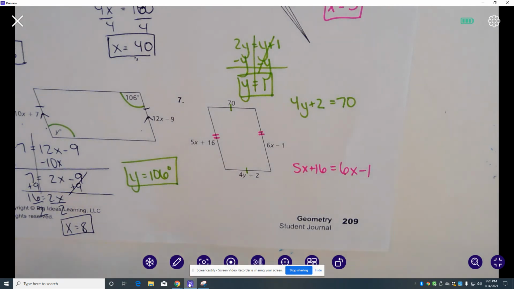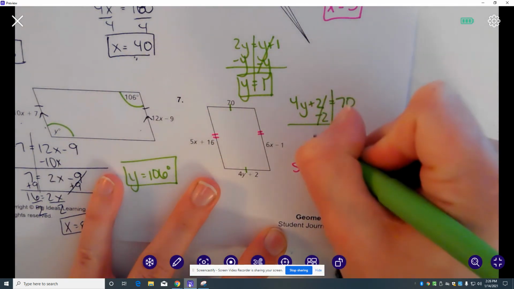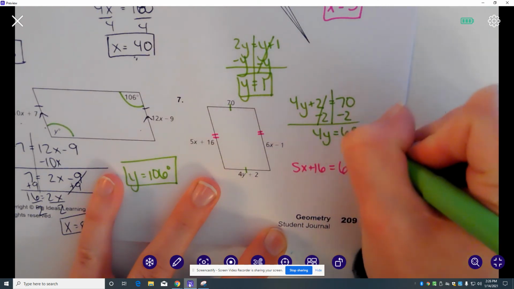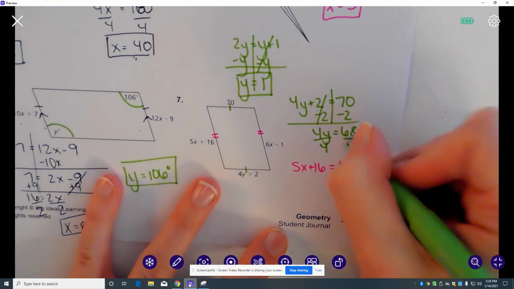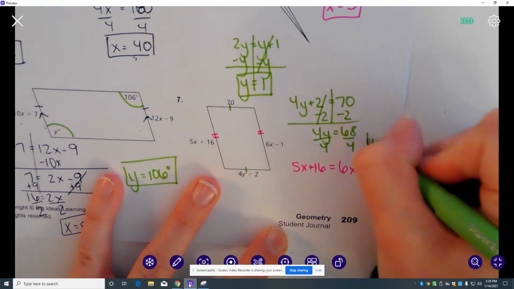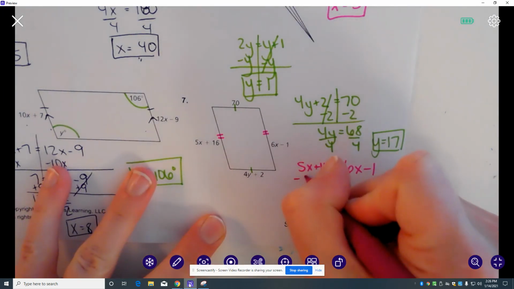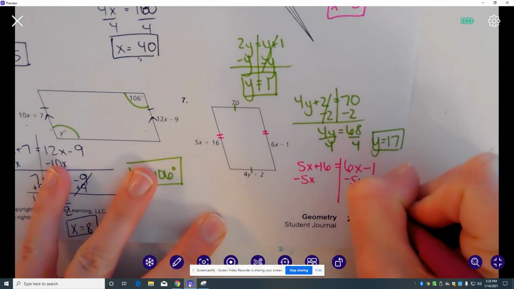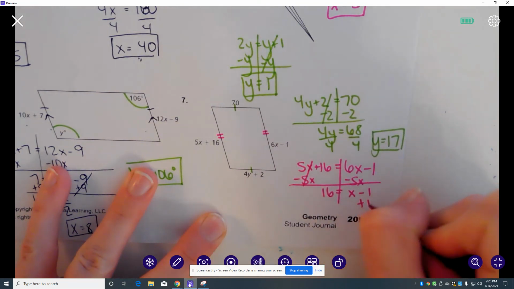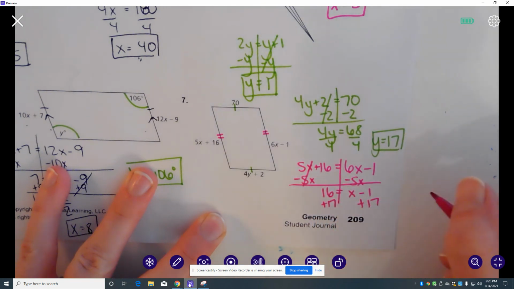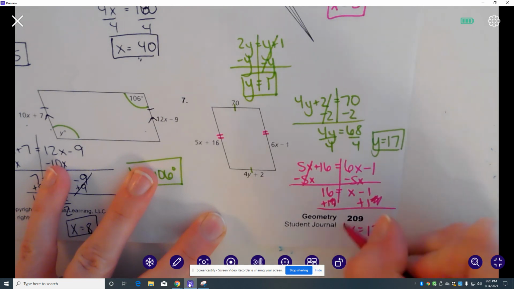I can go ahead and solve these equations for x and y. Again, if I do this too quickly, you can pause the video. I get y is equal to 17. Oops, not 17, 1. Wait, and I get x is also equal to 17.